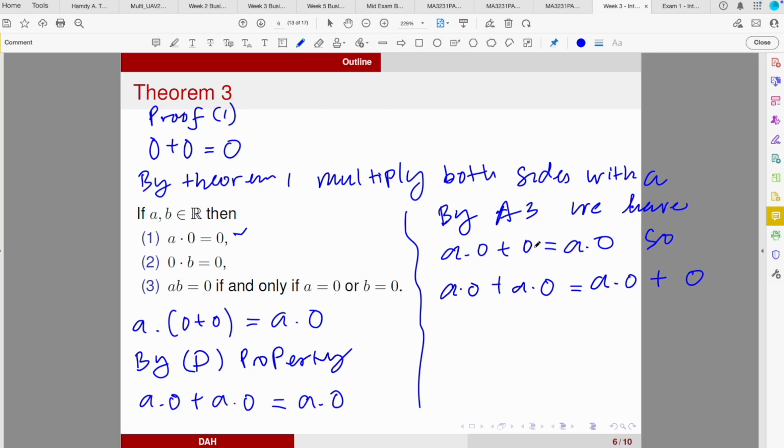Or I can write this as A times 0 plus A times 0 equal 0 plus A times 0.